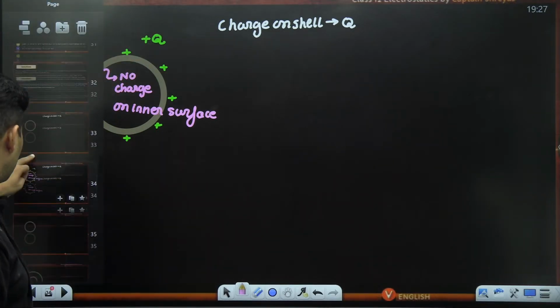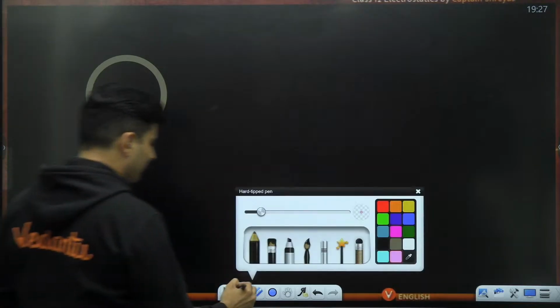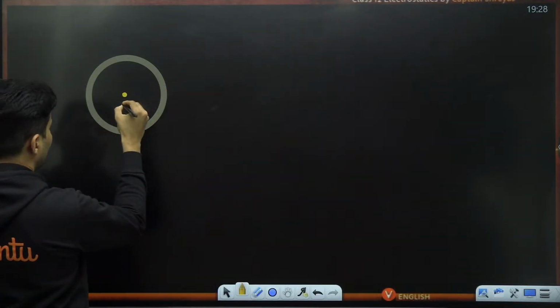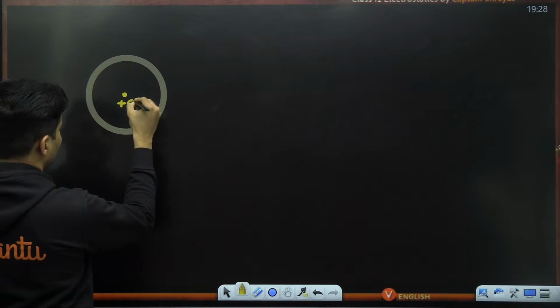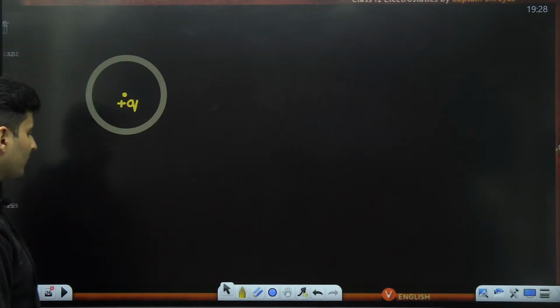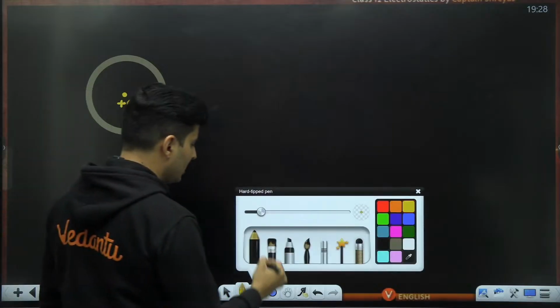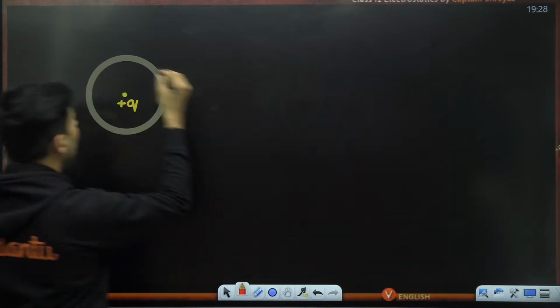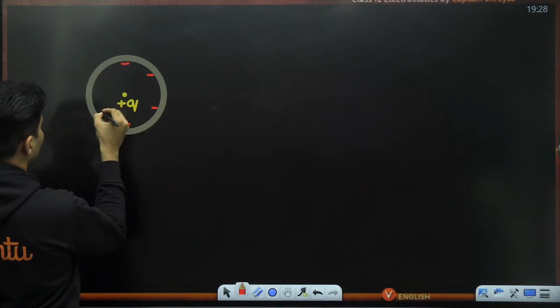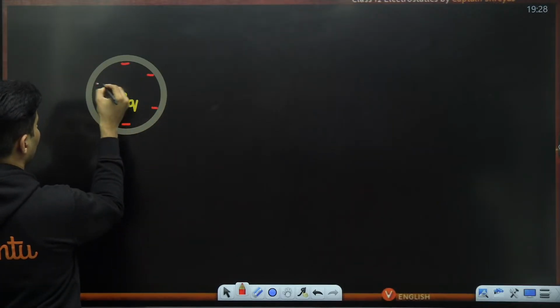Okay, perfect. Sir, what if I put a charge over here, and let's say it is plus Q? Now tell me what will happen. If you put a plus Q charge, immediately a negative charge will be developed like this.